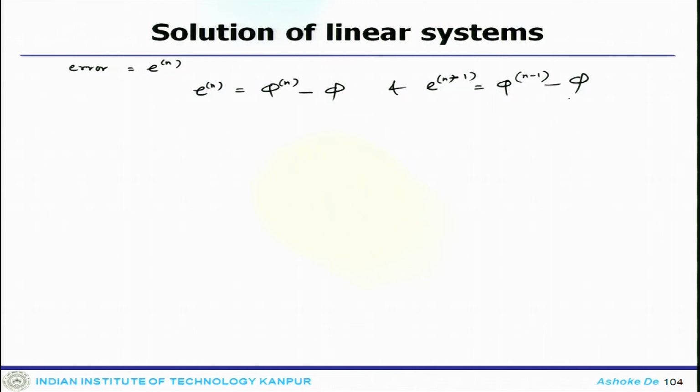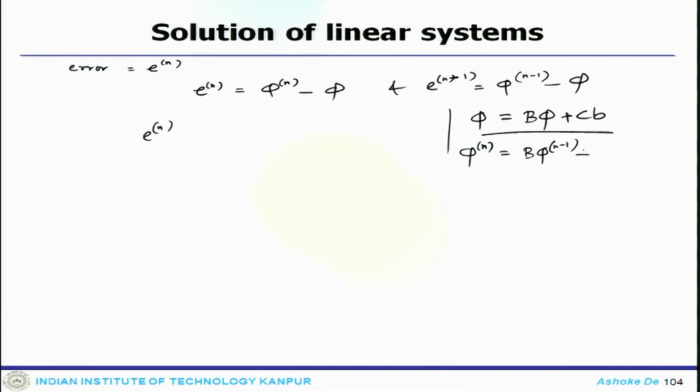Previously we obtained phi equals B phi plus C b, and phi^n equals B phi^(n-1) plus C b.